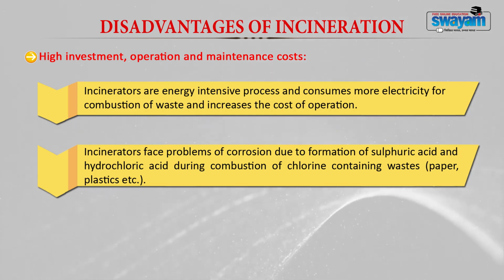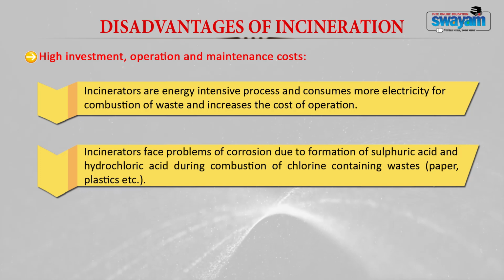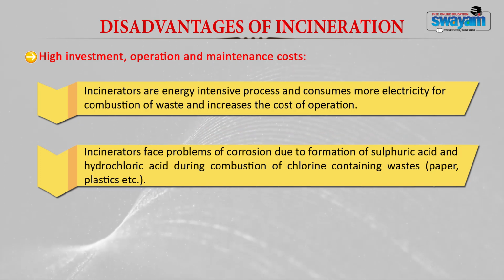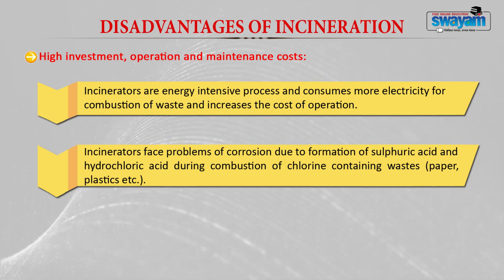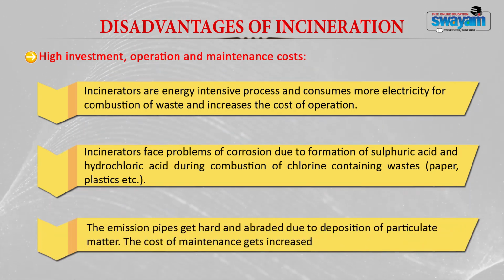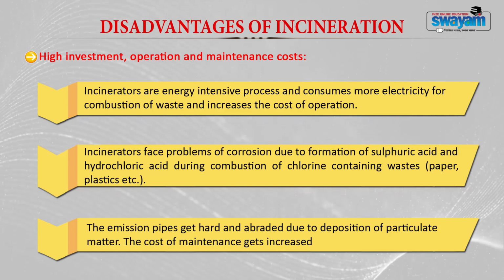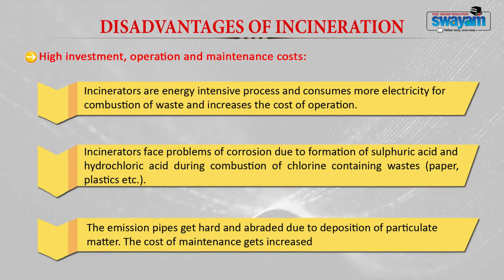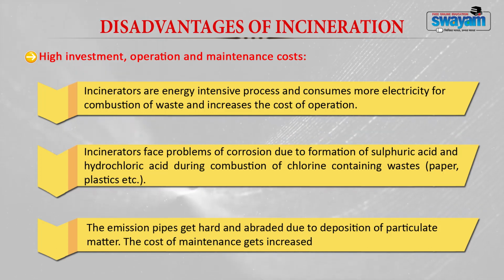This is again considered a disadvantage of the incineration process. Sometimes the emission pipelines get abraded due to the deposition of particulate matter. This makes the pipe very hard and brittle, and it breaks very frequently. So, as a result, the maintenance cost of incinerators keeps increasing.